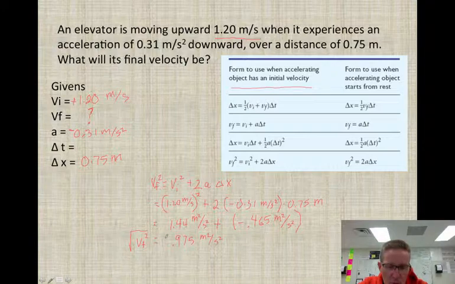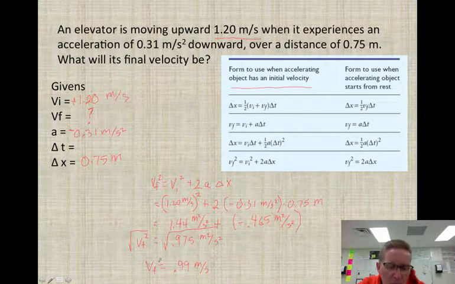Take the square root on both sides, and so velocity final is going to be equal to, and this is a rounded answer to 2 significant figures, meters per second. That's what we're looking for, meters per second, and when you take the square root, it removes those squared, so that also is another sign that we're doing things right.